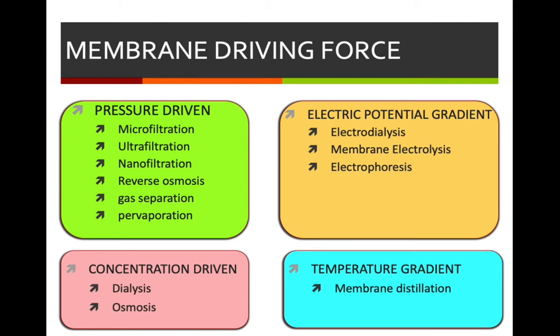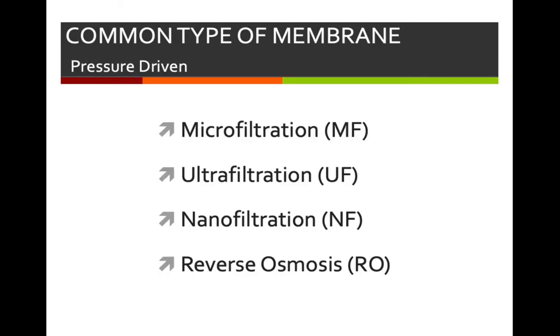Then the membrane separates the vapor from one side to the other. So these are a few different processes with different driving forces. Depending on your operations, you may select any of these membranes. On this subject, we only cover the pressure driven: microfiltration, ultrafiltration, nanofiltration, and reverse osmosis.